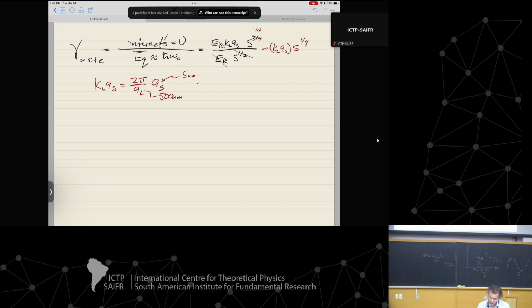And so you see that this is really much less than 1. Even with a 2 pi, it's 2 pi over 100. And so k_L a_s for typical alkali, far from Feshbach resonances, is weakly interacting. And in a way, that's good news because it means I can do a perturbative calculation of the on-site energy.